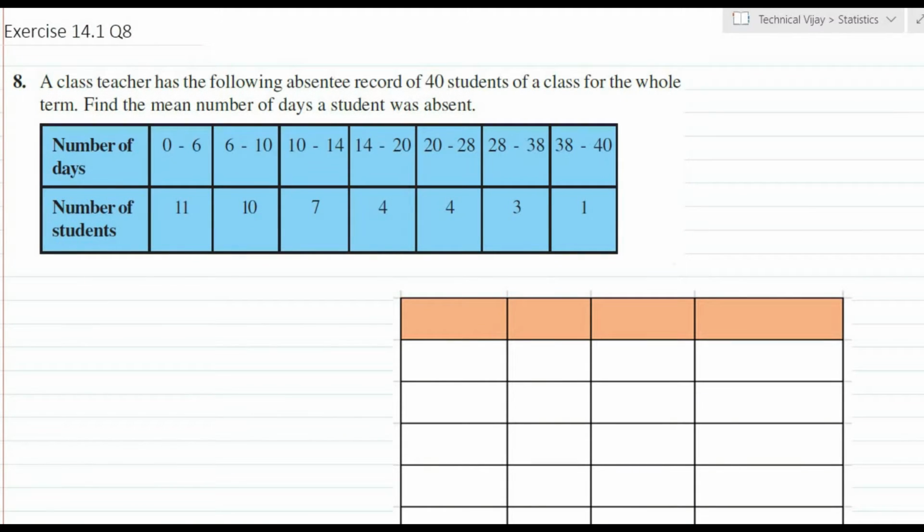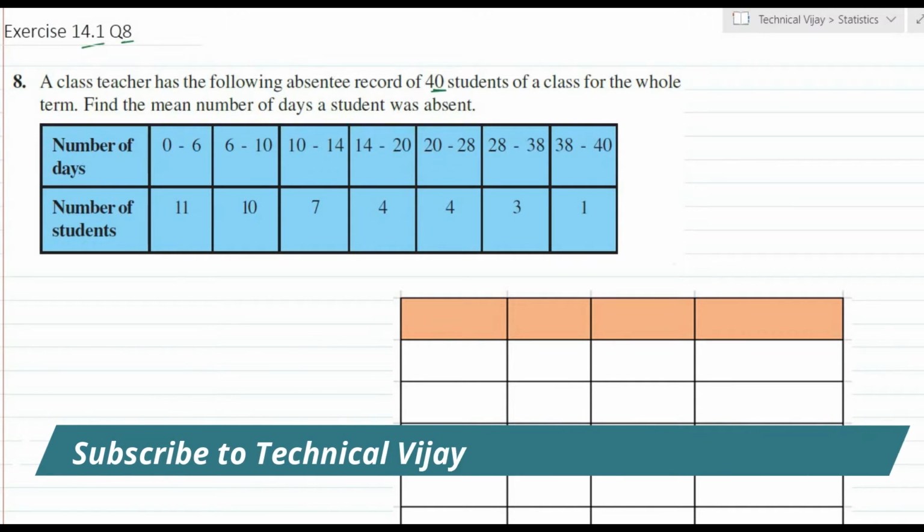Exercise 14.1, question number 8. A class teacher has the following absentee record of 40 students of a class for the whole term. Find the mean number of days a student was absent.